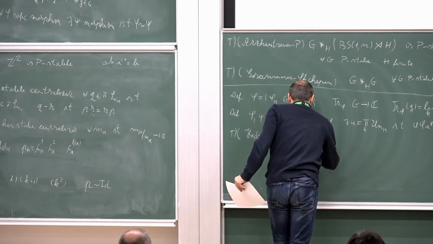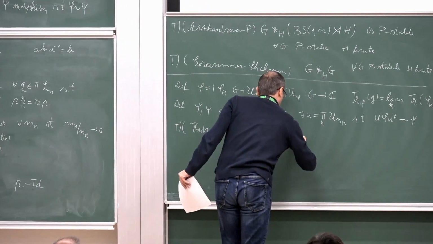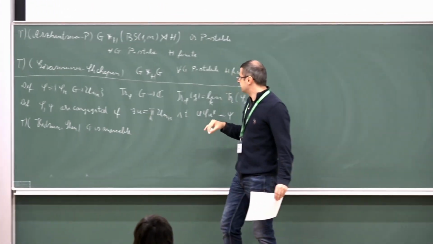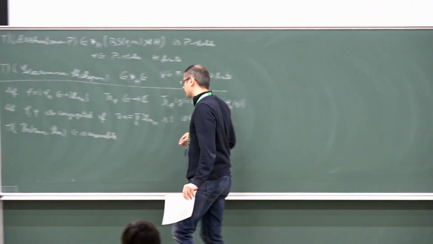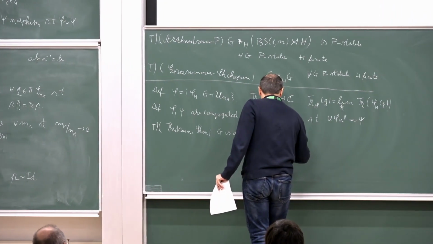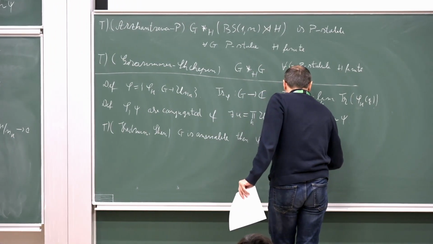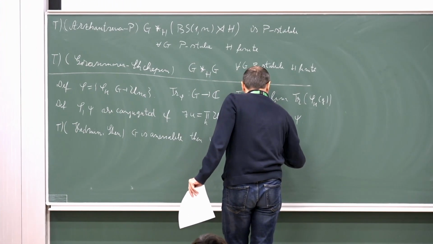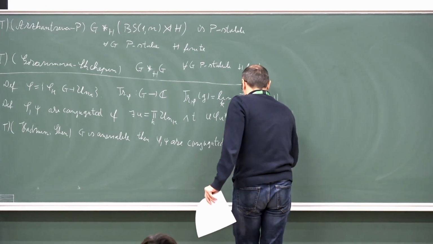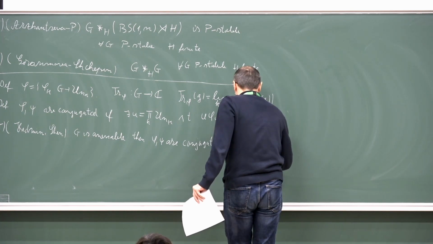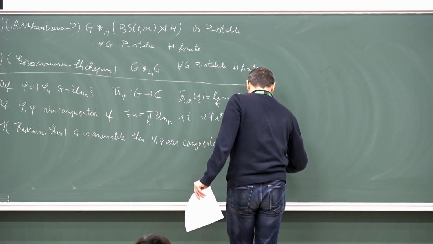So if G is amenable, then two hyperlinear morphisms phi and psi are conjugated if and only if they have the same trace, that is, trace of phi is equal to trace of psi.